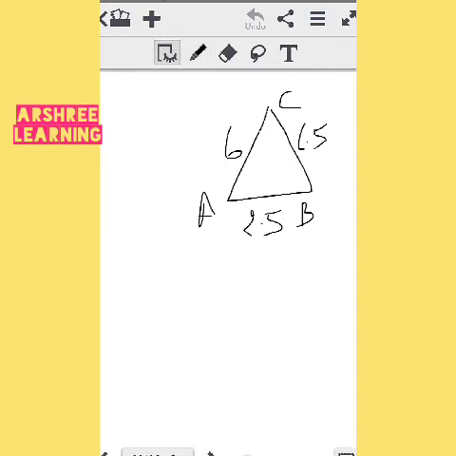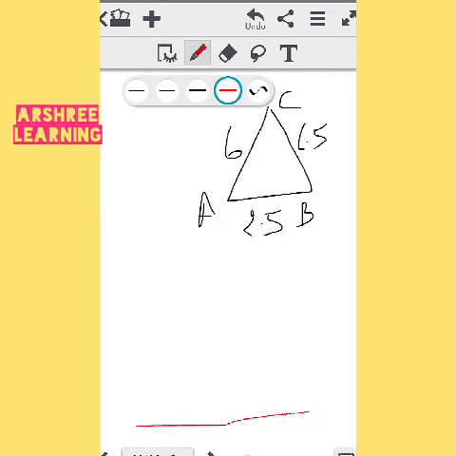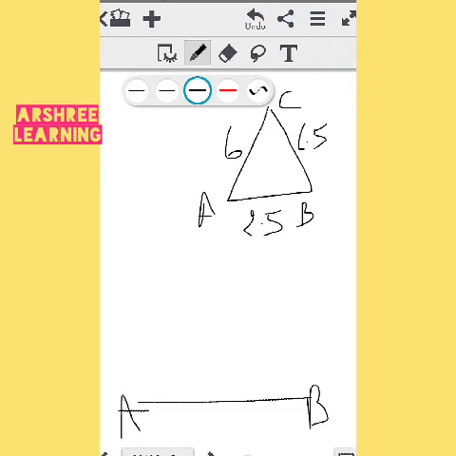First you will draw the length AB, 2.5. So first AB is equal to 2.5 centimeter. Using a scale you will make it.